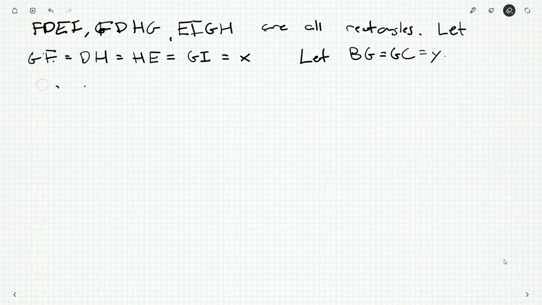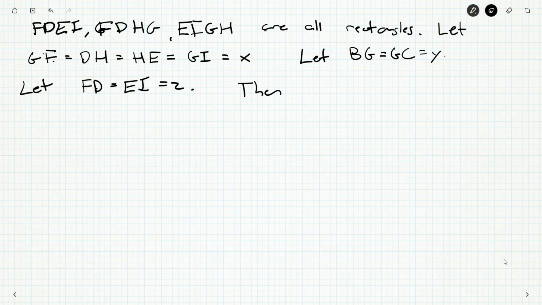and we'll also let FD equal EI equal Z. I'm trying to think in my head without bouncing back because I don't want to switch the page. Then let's notice that IC is equal to Y minus X is equal to FB.